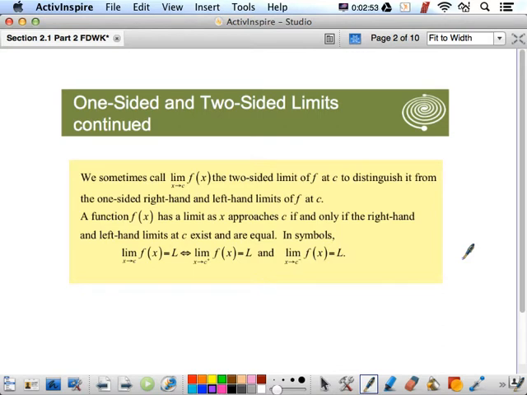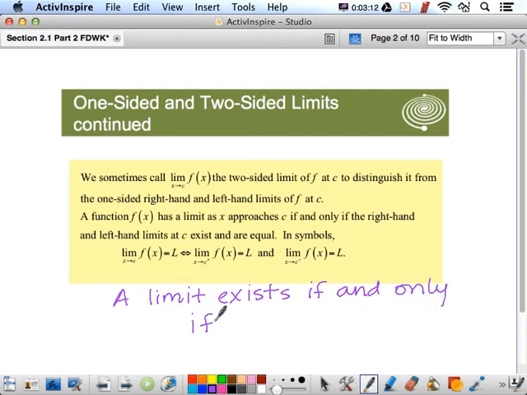So that's the only way we know a limit exists, and if I just say plain limit, I mean the two-sided limit. A limit exists if and only if the left and right limits are equal.